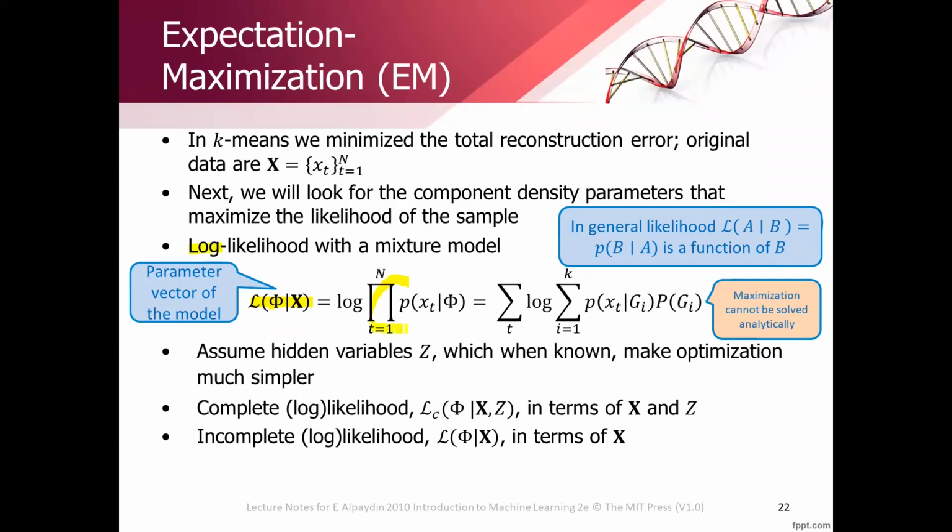Here is the product of the probabilities of observing the observation x sub t under the assumption that we have the set of parameters capital phi, and we compute the logarithm of that. The logarithm of the product is the sum of logarithms. Here is just rewritten the formula from the previous slide for the probability of a given observation x, or now x sub t.